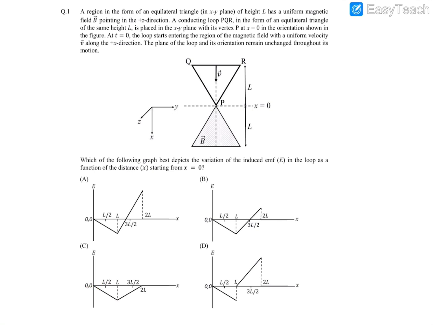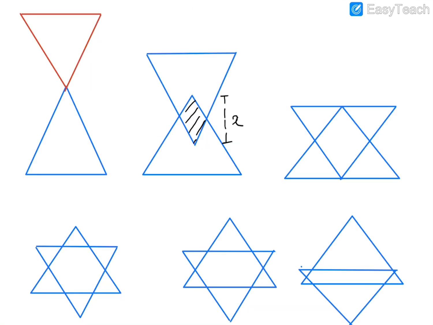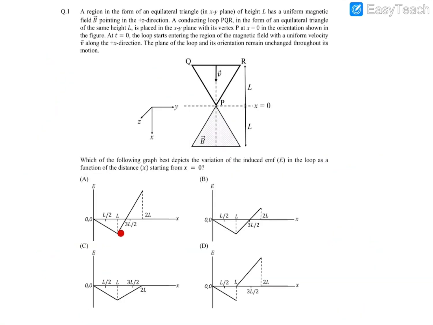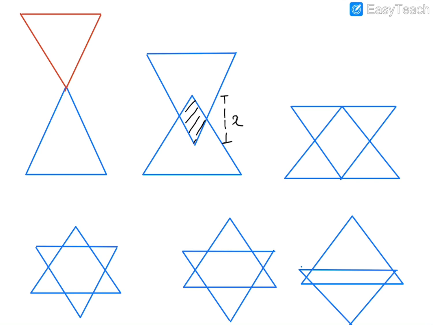Now at some point of time, obviously when the rate of change of area would be maximum, EMF would be maximum. And at some other point of time you can see that initially area is increasing, and till this figure the area is increasing, and this is a symmetric star, and all these 6 small triangles are the same.